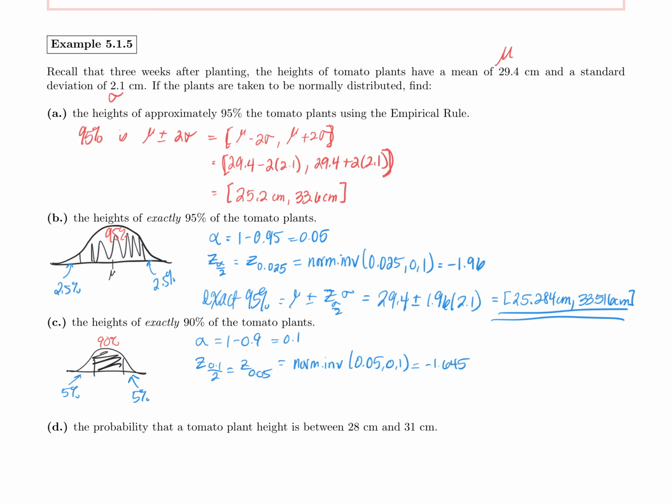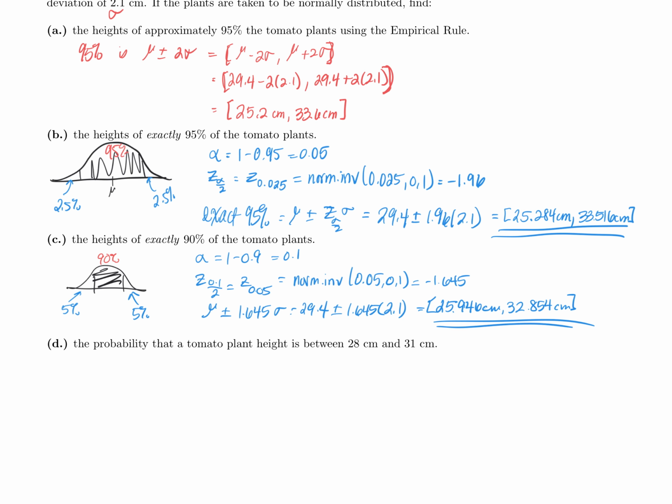And so if we wanted to find mu plus or minus 1.645 times sigma, we end up with 29.4 plus or minus 1.645 times our 2.1, which gets us out to 25.946 centimeters to 32.854 centimeters.